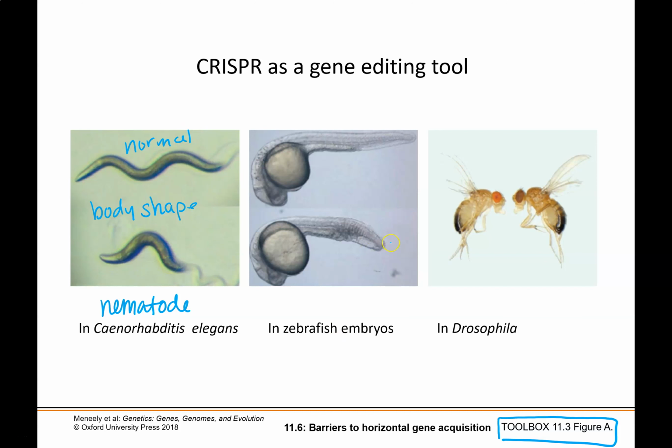Here we have a gene that affects the shape of the zebrafish embryo, so it's affecting development of embryos. And we also have an eye color change here. This red eye is our normal, and then we've got this sort of sepia or brown colored mutant gene for this fruit fly. So these are just some examples of how this could be used in a laboratory setting.